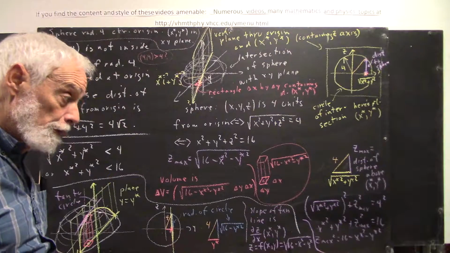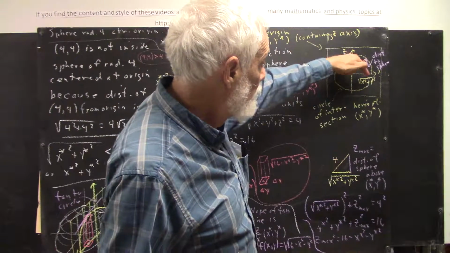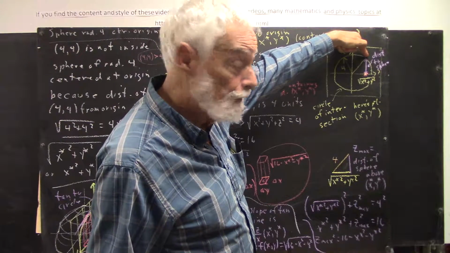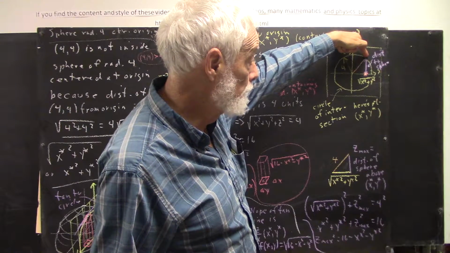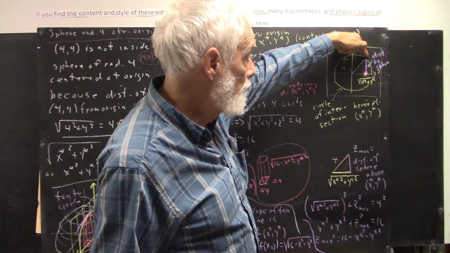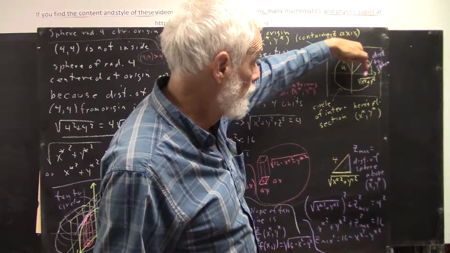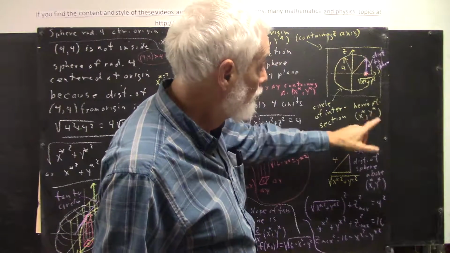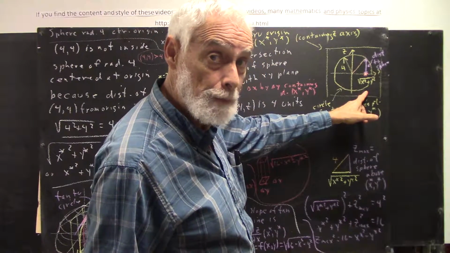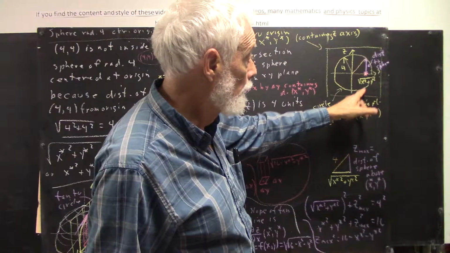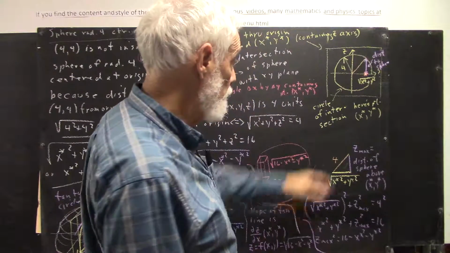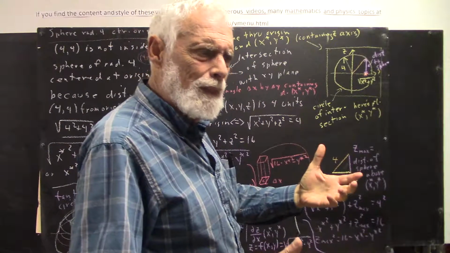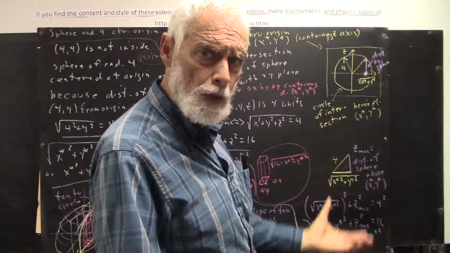However, the negative solution is important because if we go up to the point where z equals the square root of 16 minus x star squared minus y star squared, we get to a point on the sphere. If we displace in the negative direction by the same distance, we get another point on the sphere. And it's kind of important to know where this point is and where this point is, and to understand that you might want to find both points, especially if you want to answer a question that involves the whole sphere.